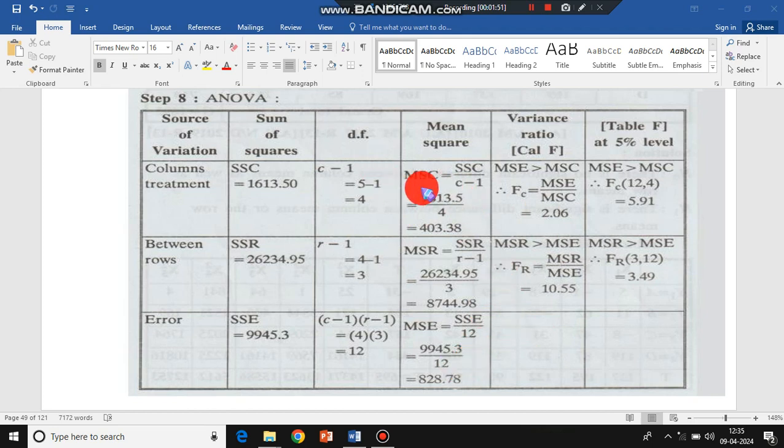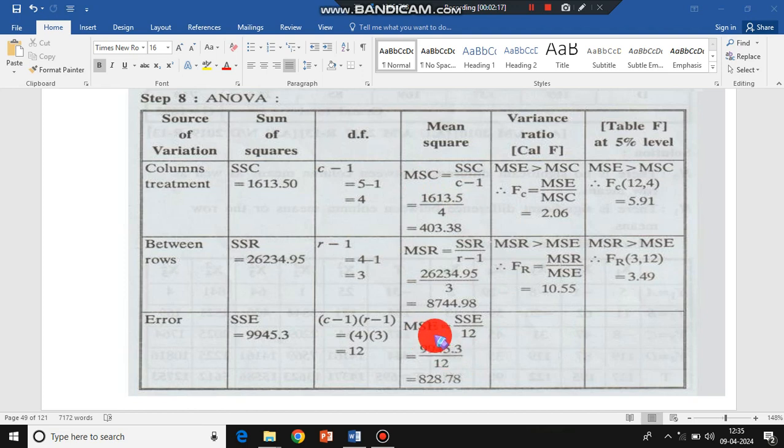Sometimes MSC may be greater than MSE, and sometimes MSE may be greater than MSC. We cannot say that one is always greater than the other.